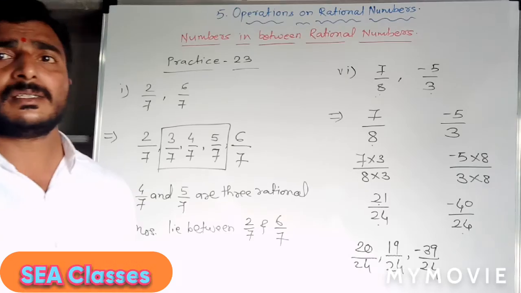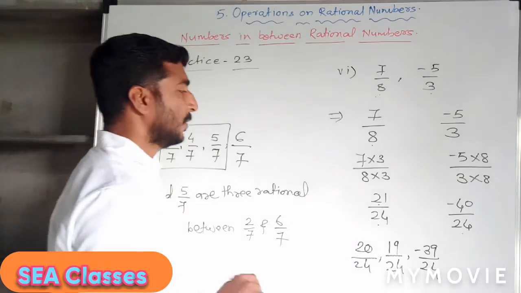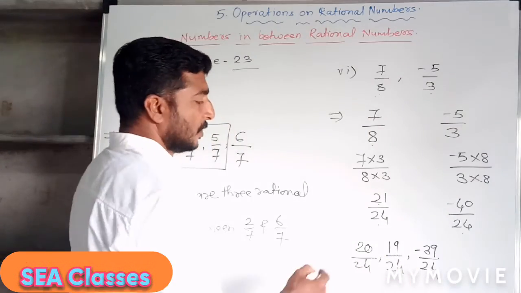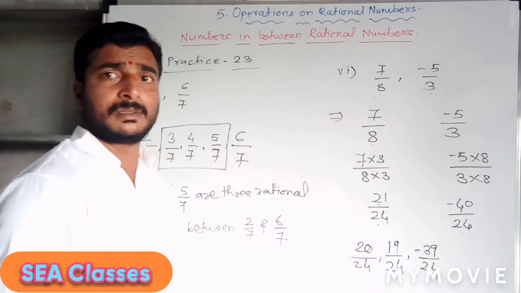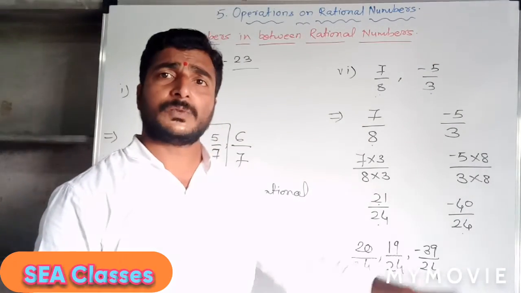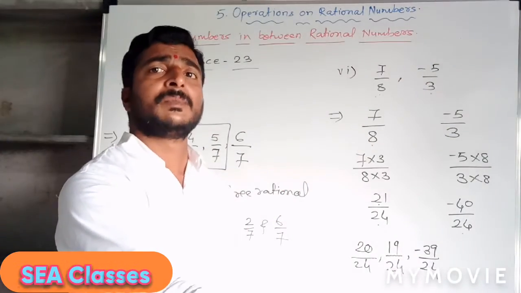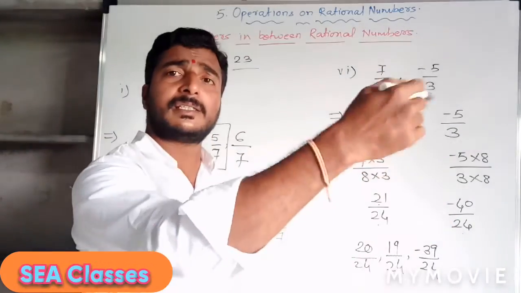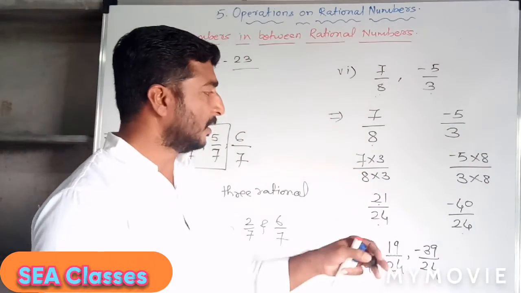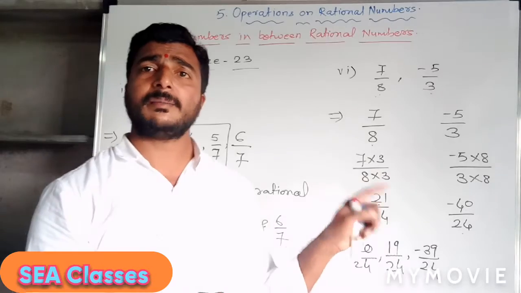Just the number coming below this, or before the minus 40, that is minus 39 upon 24. So there are a lot of numbers lying between 21 and minus 40. So 20, 19, then 18, 17, 16 are natural numbers lying between 21 and minus 40.